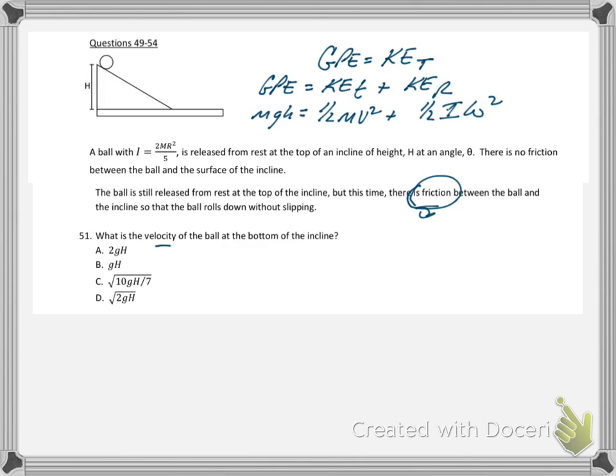All right, so let's see. Let's continue down on the bottom here. So we would have mgh equals 1/2 mv squared plus 1/2. Well, let's backtrack here.